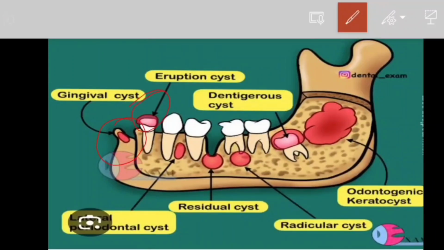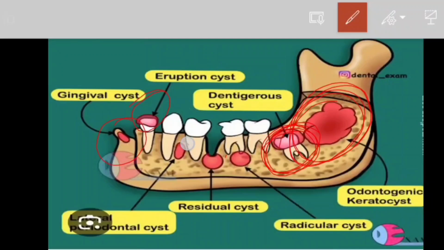Now look at the cyst which is surrounding the crown of an unerupted tooth. This is the dentigerous cyst. So remember this very important relationship, that a dentigerous cyst is associated with the crown of an unerupted tooth. Now look at the large lesion in the posterior mandible. This represents an odontogenic keratocyst. Next, look between the roots of the tooth.